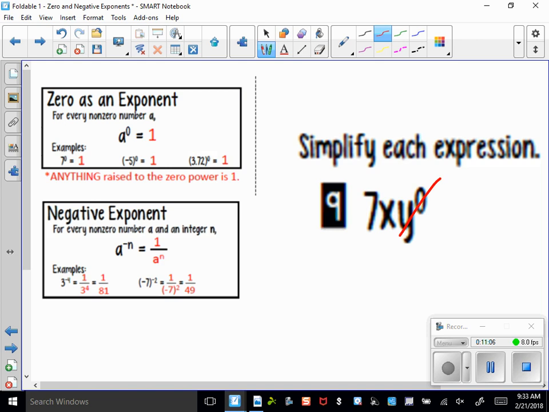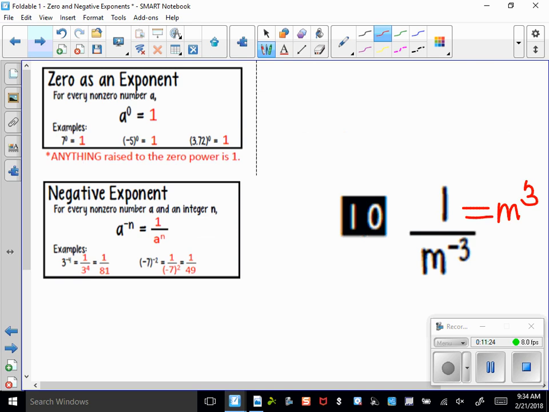So anything to the 0 power is 1, so technically that's just times 1. Well, what's 7x times 1? 7x. You don't write the y to the 0 power because that equals 1, and you're just multiplying it all together. Okay.